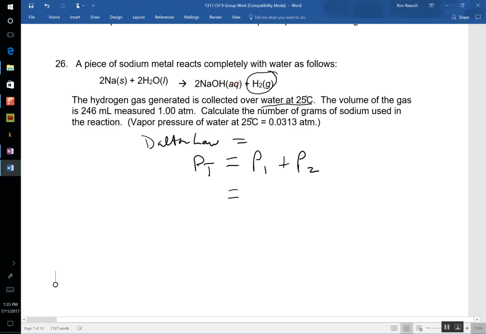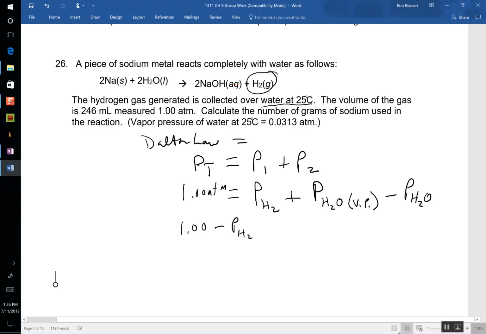So what you have in here is the pressure of the hydrogen plus the vapor pressure of the water, and that is going to equal 1 atmosphere. That's the total pressure. So what's the pressure of the hydrogen going to be? If we subtract the pressure of the water from here, we get the pressure of the hydrogen.